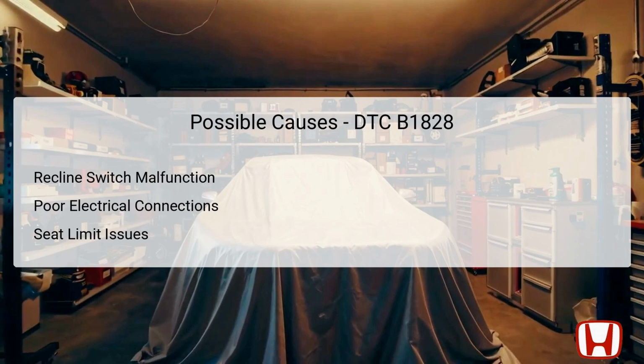Seat limit issues can arise if the motor operates beyond its designed range, triggering the error code even when the system appears functional. Each of these causes has the potential to interrupt the usual operation of the seat adjustments, warranting a thorough inspection. Identifying the exact cause is crucial for applying the correct repairs and ensuring the driver's seat adjusts as intended.